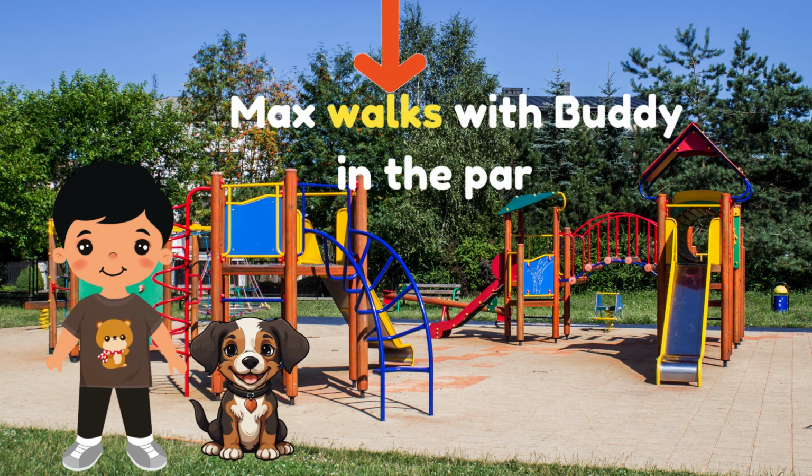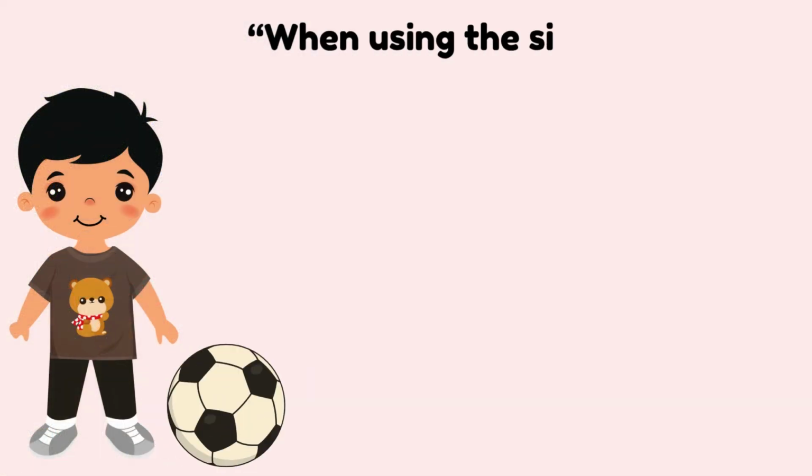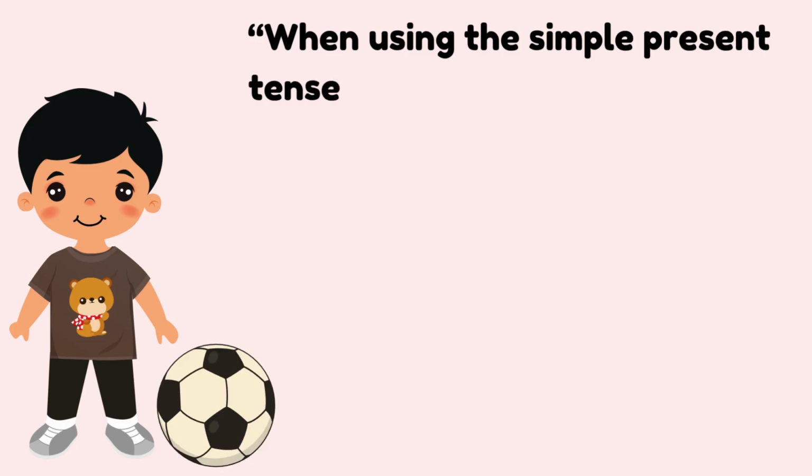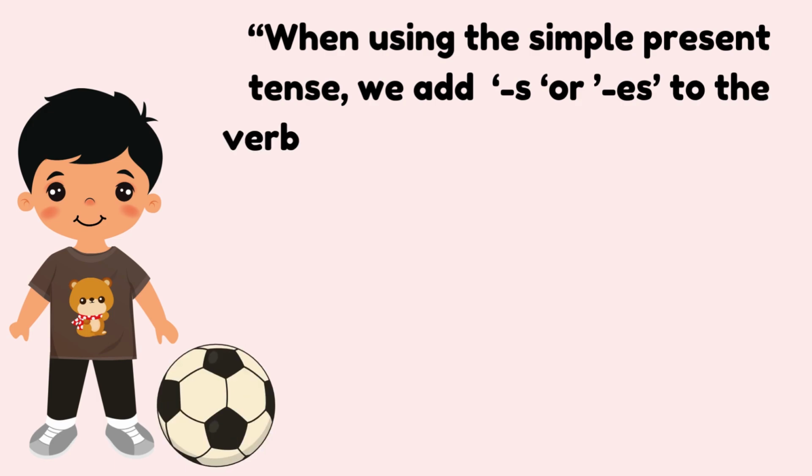So Max is a singular subject, so we add S to the verb, that is the first form of verb, walk, and make it "Max walks with Buddy in the park." When using the simple present tense, we add S or ES to the verb when the subject is he, she, it, or any singular noun.